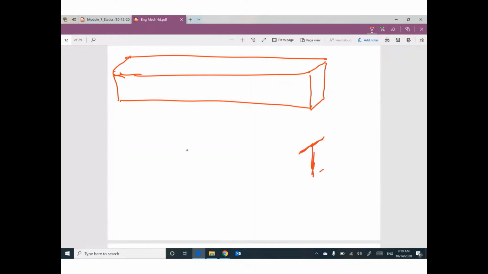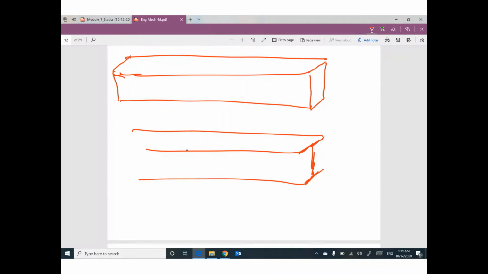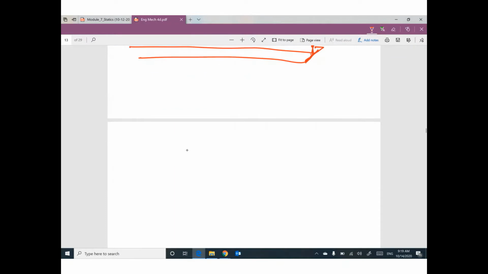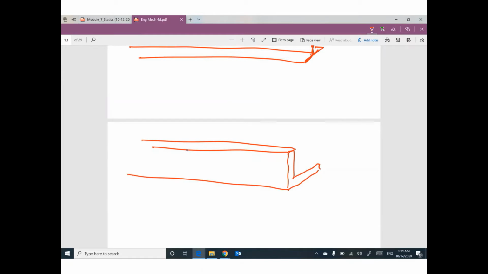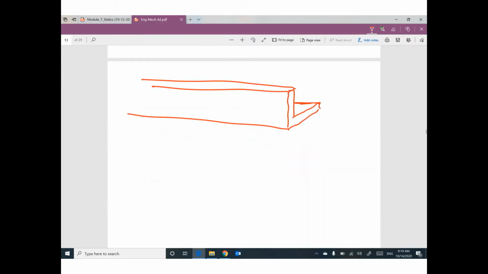Steel beam, probably. Like this. Sometimes your beam looks like this. Channel. I'm sorry, angle. Sometimes your beam looks like this. Channel.